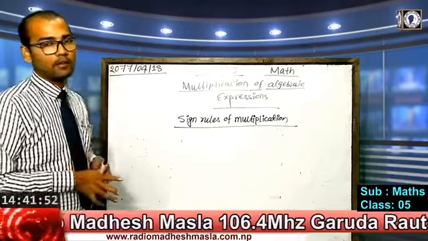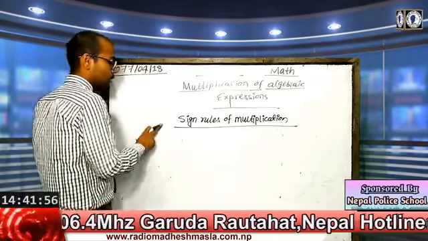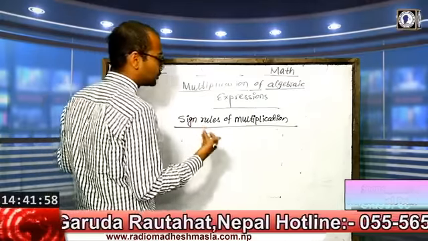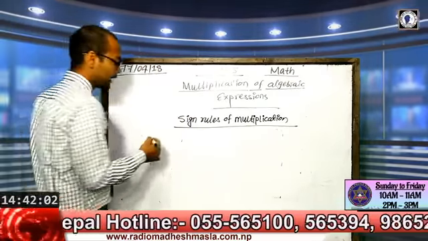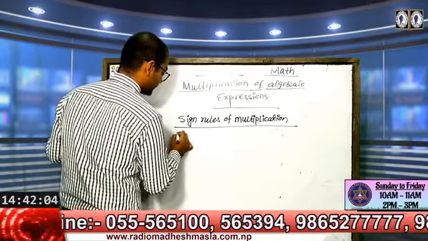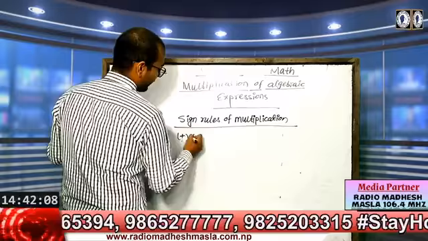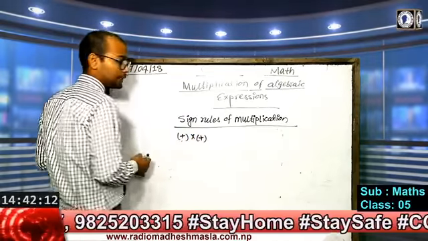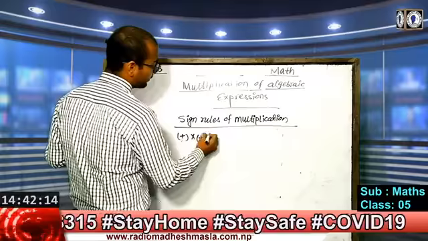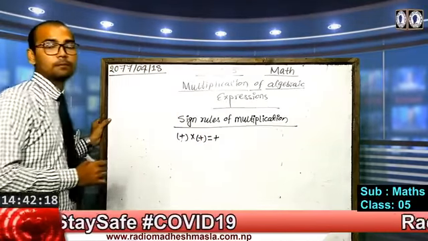But let's discuss that. Suppose you have been given any terms in the form of plus or positive, and it is multiplied by also a positive number or term, then the product also comes positive.